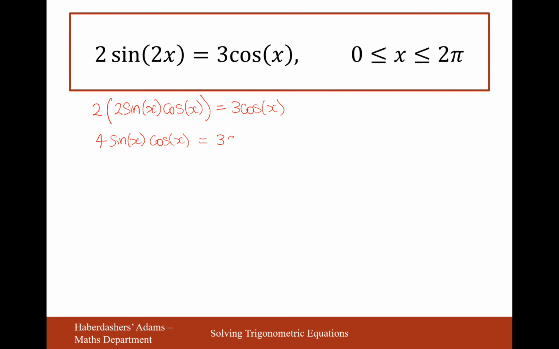equals 3 cos x. Now, hopefully you've learnt by now, definitely do not divide by cos at this point, otherwise you'll lose some solutions. The next thing you should do is subtract the 3 cos x onto the left-hand side.